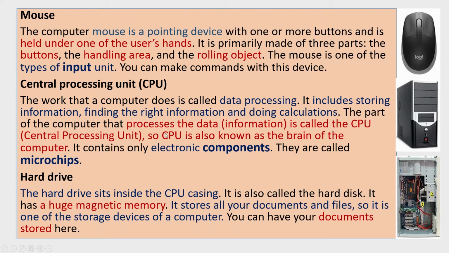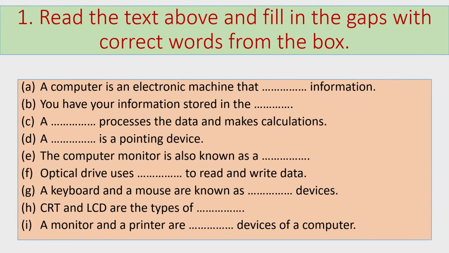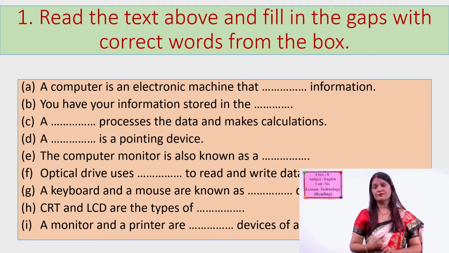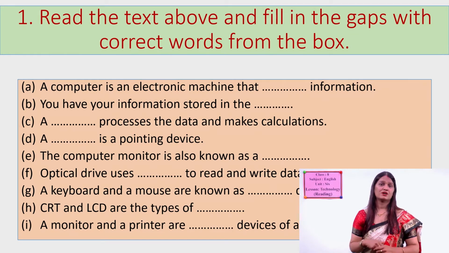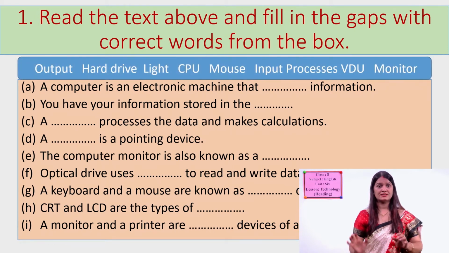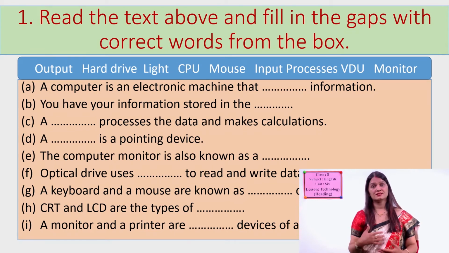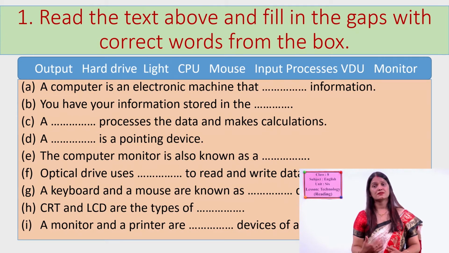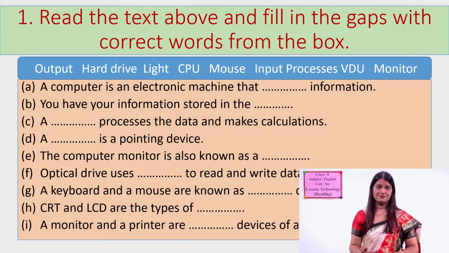So let's start the exercise. Okay, you can see this exercise in your textbook. Read the text above and fill in the gaps with correct words from the box. Okay, in the box you can see these words: output, hard drive, light, CPU, mouse, input, processes, video, and monitor. These are the words there.